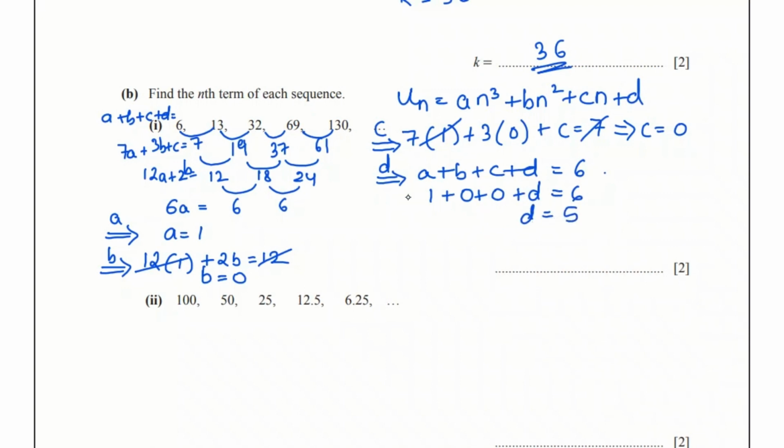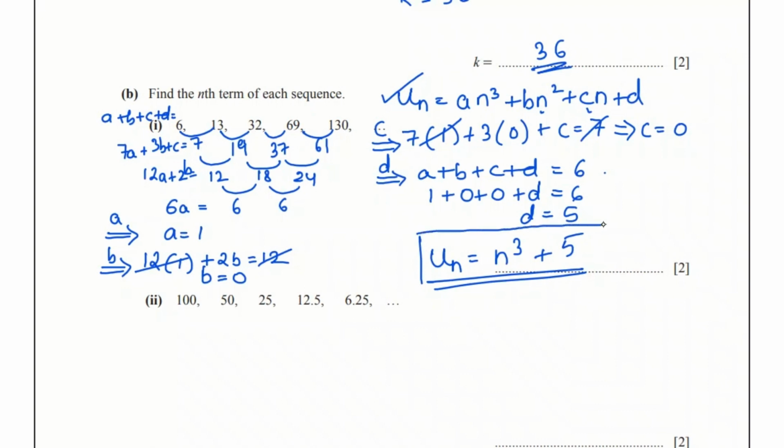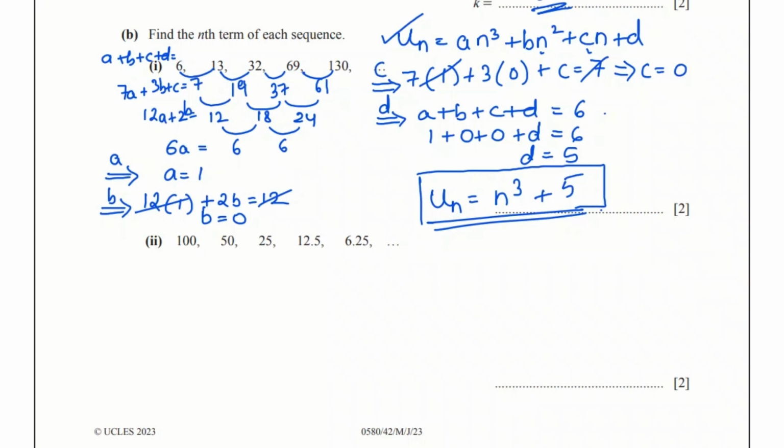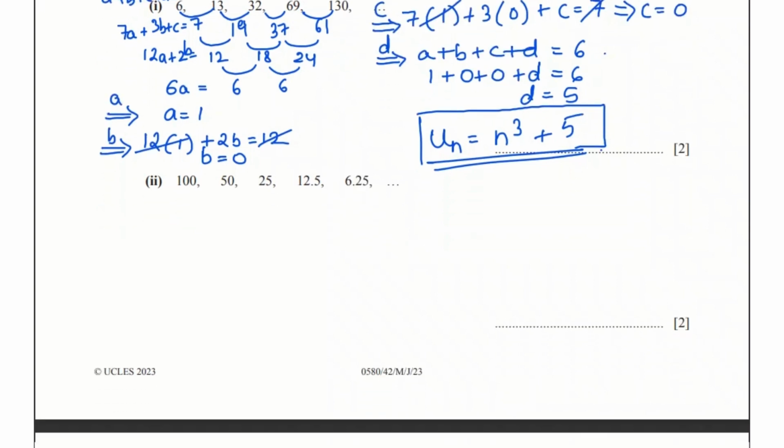So when I put all these values in this equation, I get u n equals n cube plus 5, since b and c terms become 0 and d is 5. This is the final answer. Memorize these expressions so that they help you in finding these values for the equation.